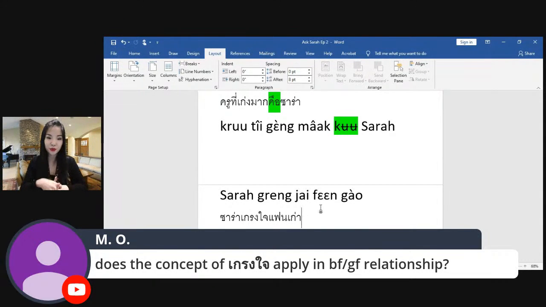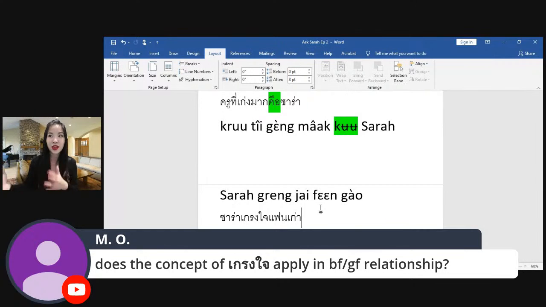That would mean that I still have feelings. I still care. I still don't want him to lose face. Let's say our mutual friends say, oh my god, Sarah is already dating someone new. I wouldn't let our mutual friends know if I still เกรงใจ my ex-boyfriend.